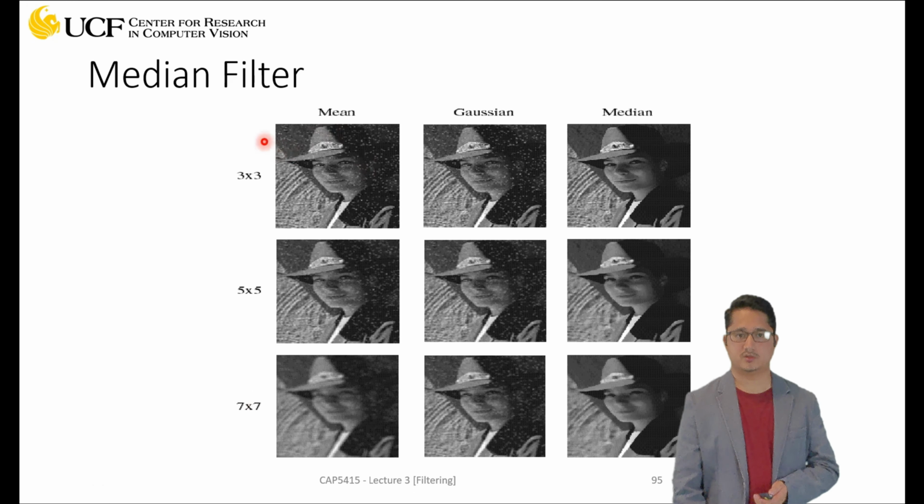And on the x-axis, we have different kernels: mean filtering, Gaussian filtering, and median filtering. Generally, you can see that as you increase the neighborhood of the kernel, Gaussian filtering is doing a better job as compared to mean filtering. But if you look at the median filtering, even with a 3 cross 3 kernel, it almost removes all the salt and pepper noise we had in this input image.